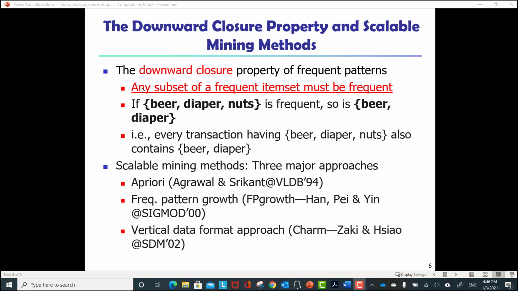Because we already know it is infrequent, right? So let me say this again. Any subset of a frequent item set must be frequent, right? That I think is easy to understand. Let me say the same thing differently this time. If a certain item set is infrequent, its supersets must be infrequent.